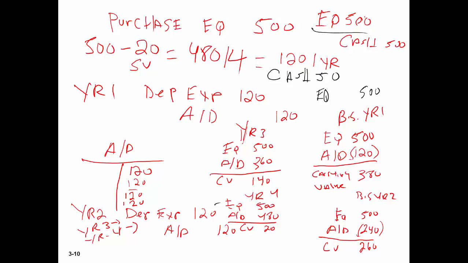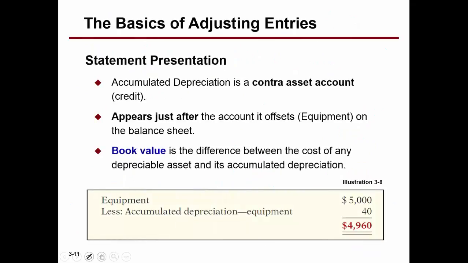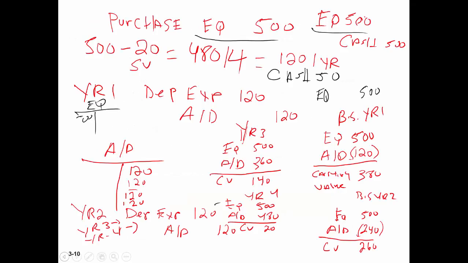I only debited equipment once. If I drew a T-account for equipment, it only had that one entry when I bought it, which was to debit it for 500, and I didn't do another thing to it after that. Okay, so I get rid of the equipment. Now I want to get rid of the accumulated depreciation.